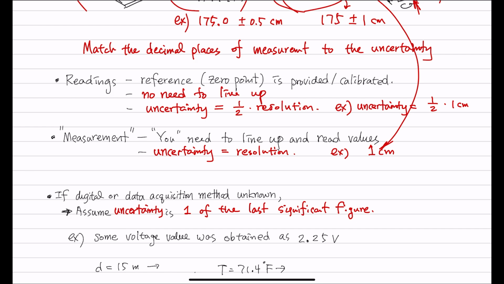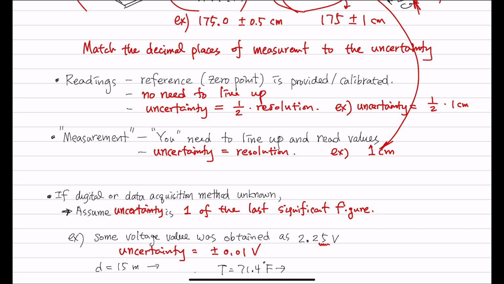So if there was whatever device and some voltage value was obtained as 2.25 volt, okay, you just borrowed a multimeter from your friend, and it just gave you 2.25 when you measured something. Then the uncertainty in this case is going to be what? Anybody? Yes, it's going to be plus and minus 0.01 volt, like that.